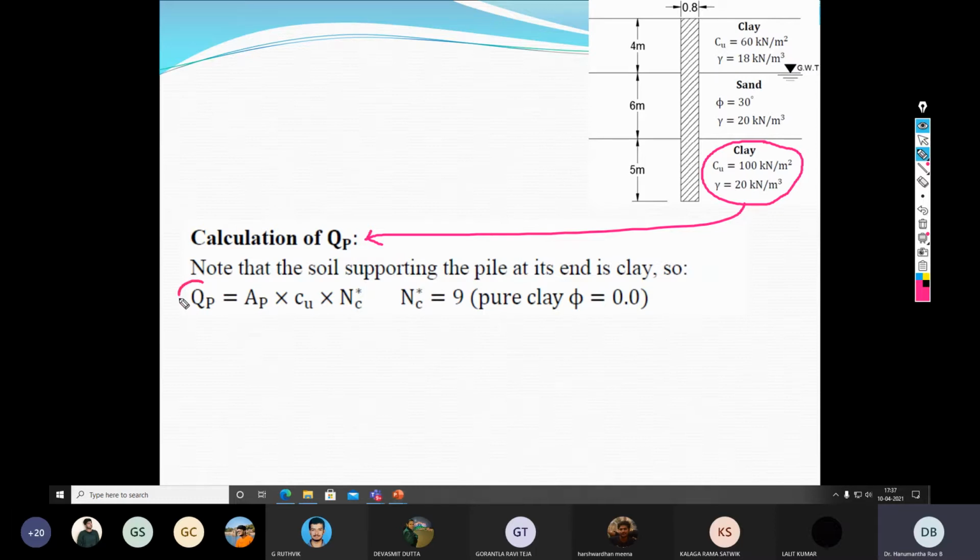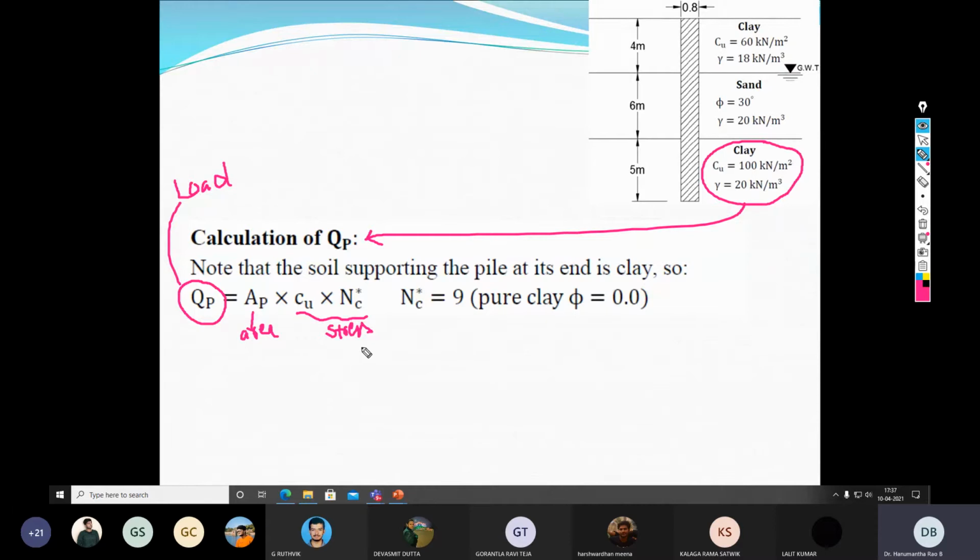When I put the capitals, that indicates the load, not the pressure. It's a load, capital Q, because you are multiplying stress with the area. So this is area, and this is the stress. So what you get is ultimately load.